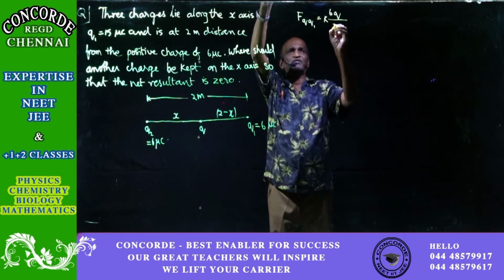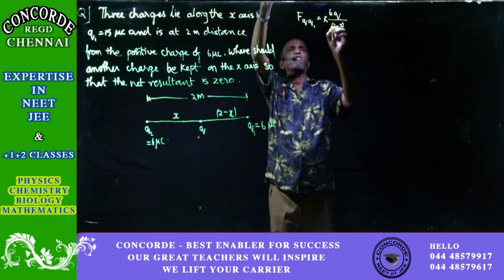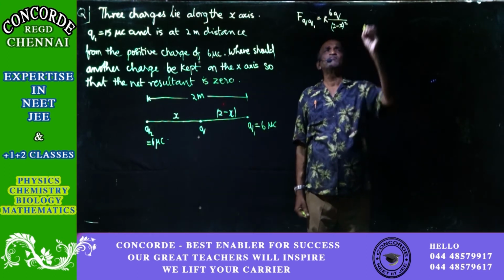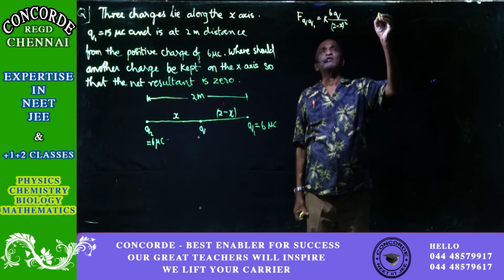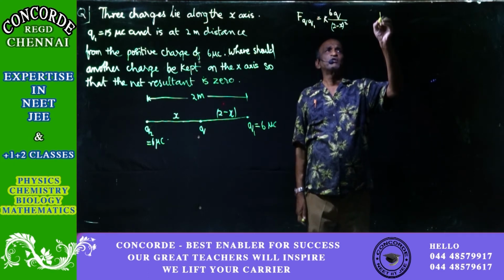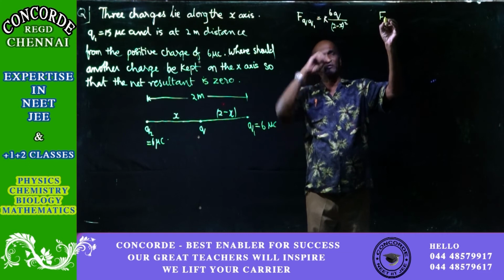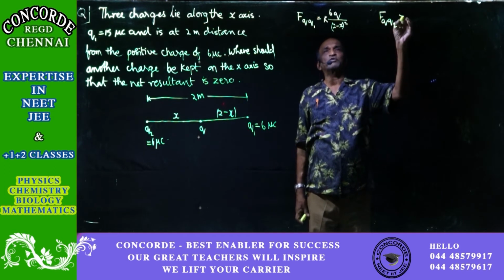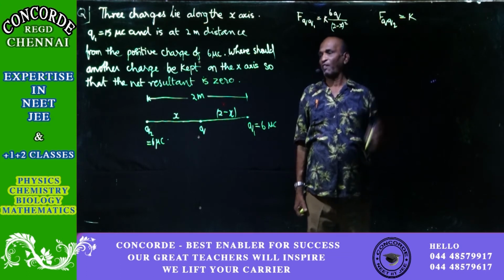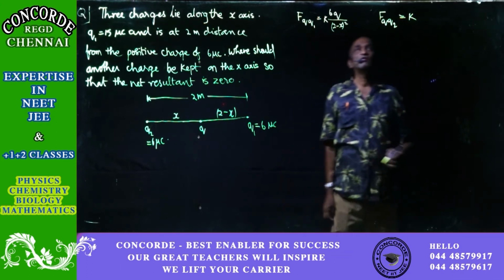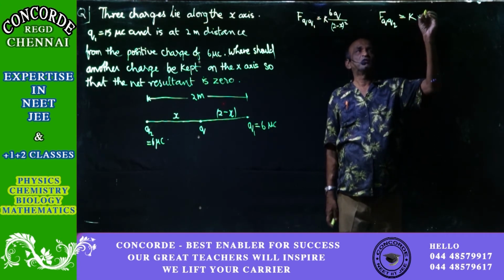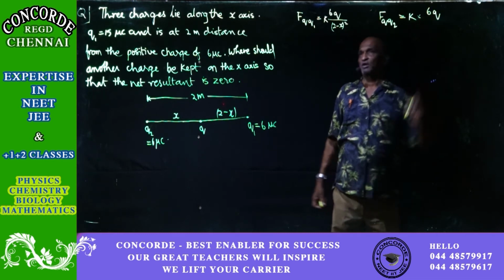And that distance is 2 minus x, the whole square. And another force is Q2. So force is equal to, I'll call it as Q2, that will be equal to K into 6 microcoulombs, 6 microcoulomb, and next is Q.